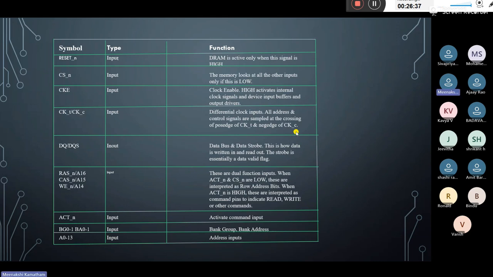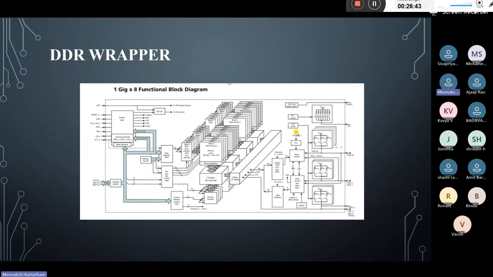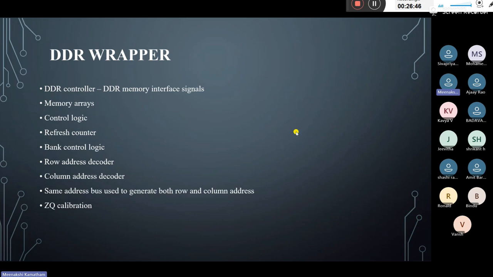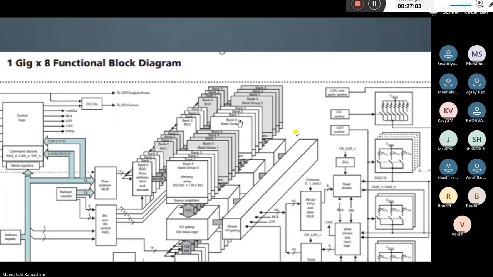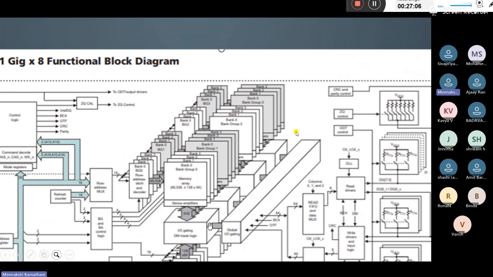These are the functions of the signals. Coming to the wrapper, right now I talked about row address, column address, bank, chip select and rank. How are they integrated internally? See this block, for example: these are our bank groups.